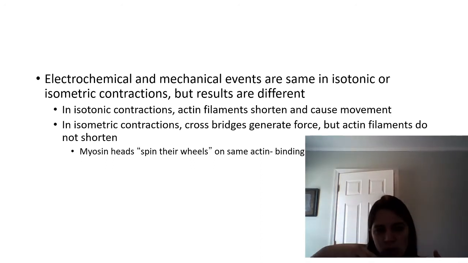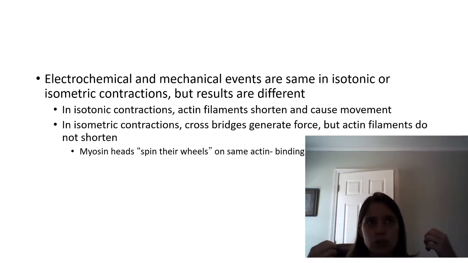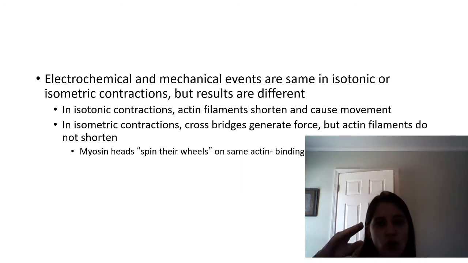The electrochemical and mechanical events that occur either way are the same. So in isotonic contractions, the actin filaments shorten and that causes movement. In isometric contractions, those cross bridges generate force, but the actin filaments don't shorten. So it's basically like if you've ever gotten a car stuck in sand and you can hit the gas and the wheels just spin, right?